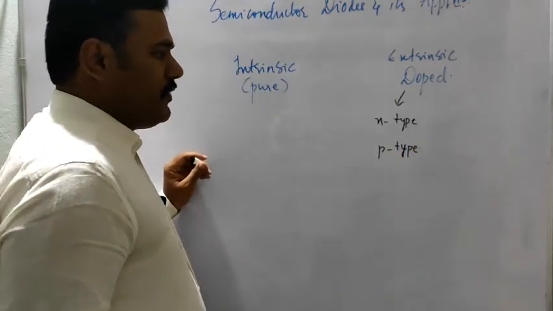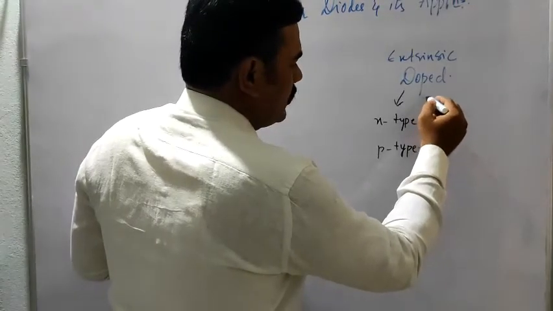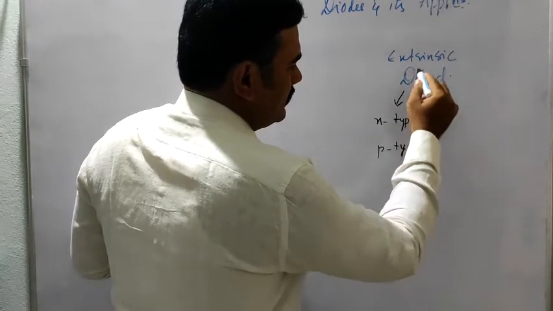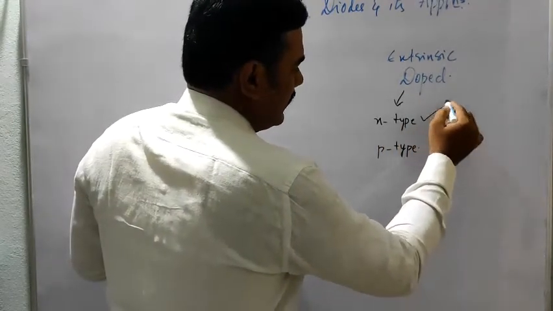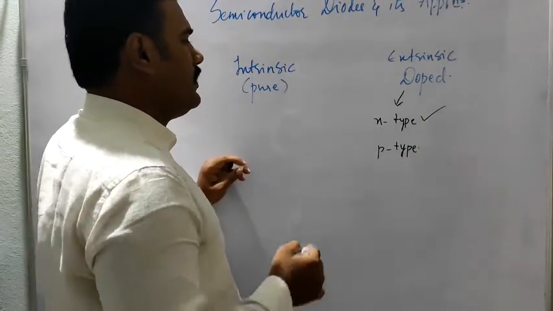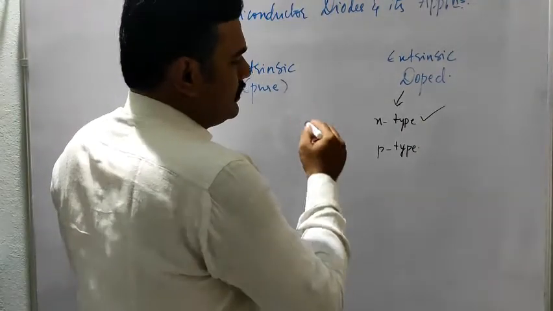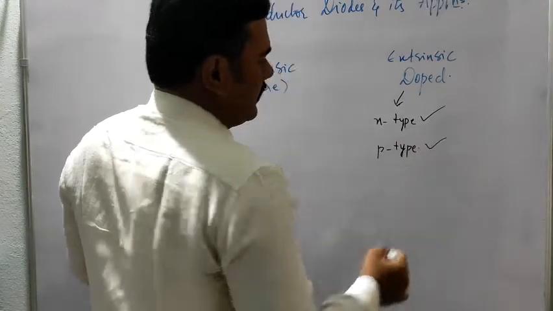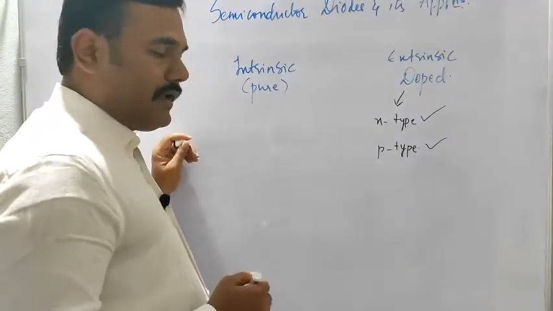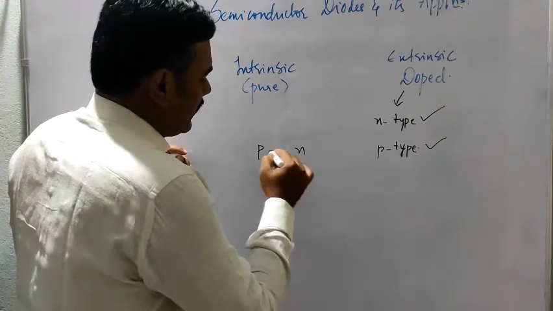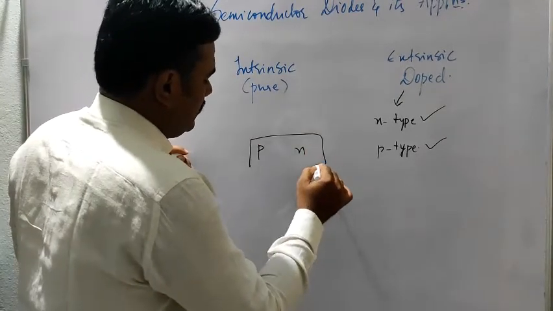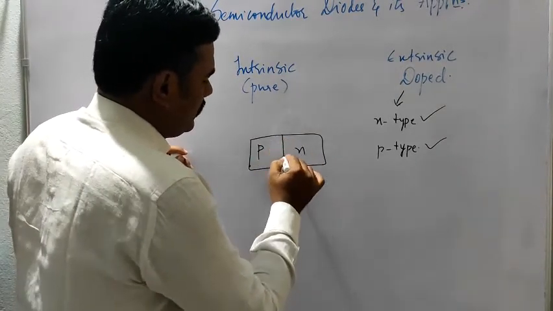If we dope pentavalent group material to this intrinsic semiconductor, we will get an N type semiconductor. If we dope a trivalent material, then we'll get a P type material. So once we get P type and N type, if we combine P and N type, then we will form a diode.